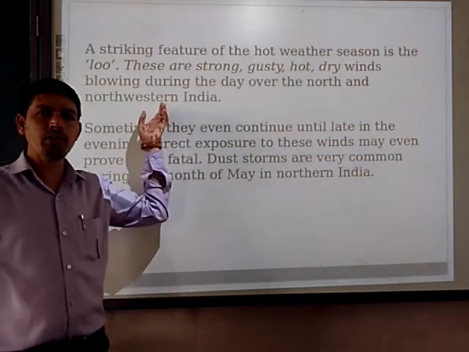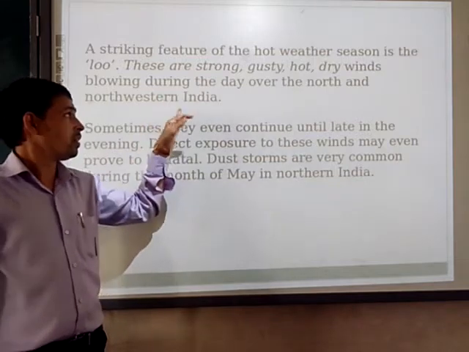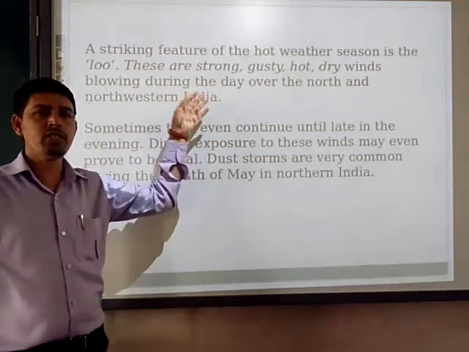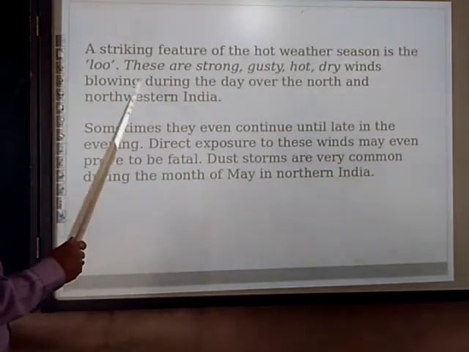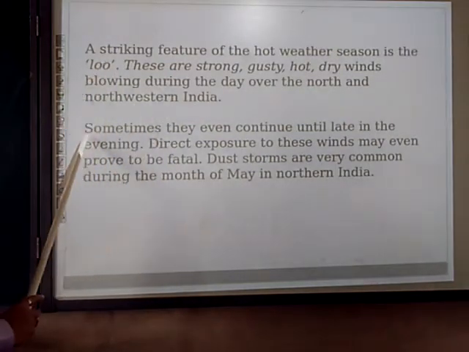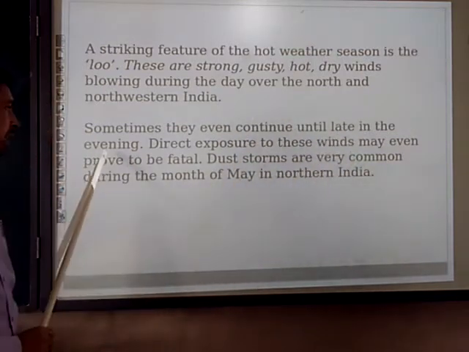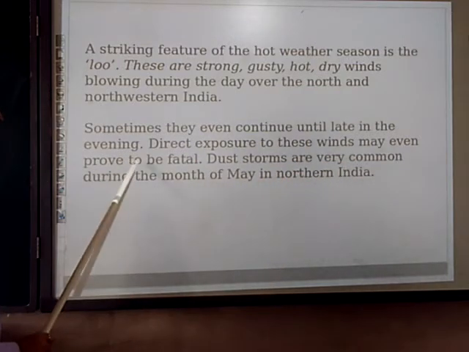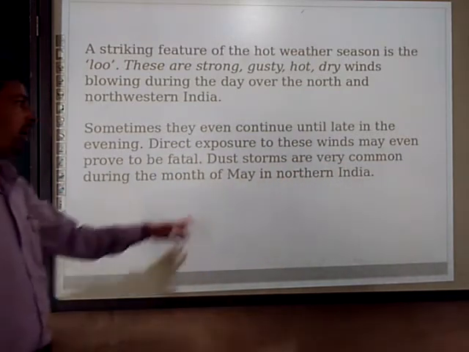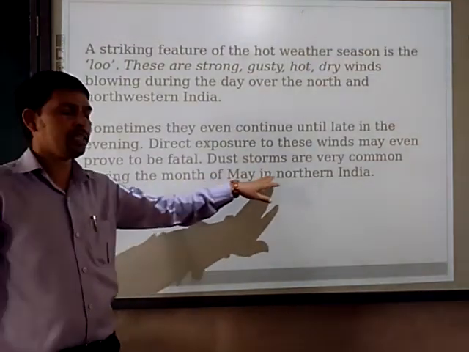If people come in contact with this, they are in a dangerous situation and suffer a lot. A number of people used to die because of the Lu. Sometimes they even continue until late in the evening. Direct exposure to these winds may even prove fatal, and dust storms are very common during the month of May in the northern part.